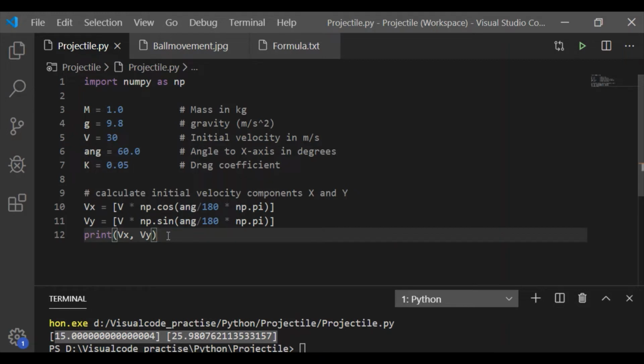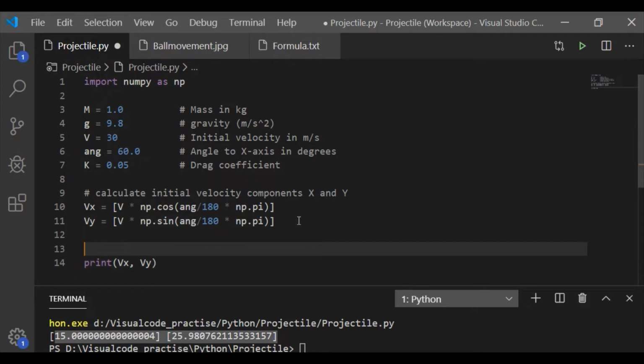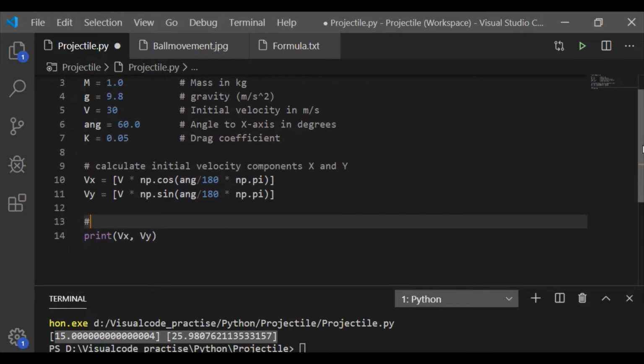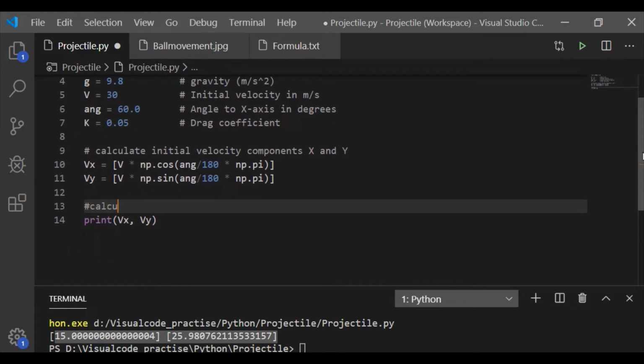Now for this velocity, let us calculate the initial acceleration components x and y. The acceleration components shall be ax and ay.